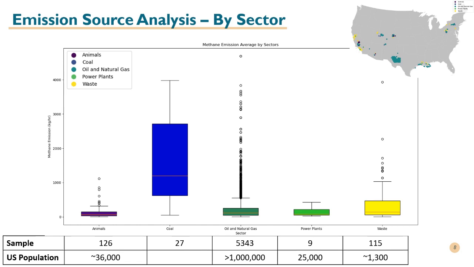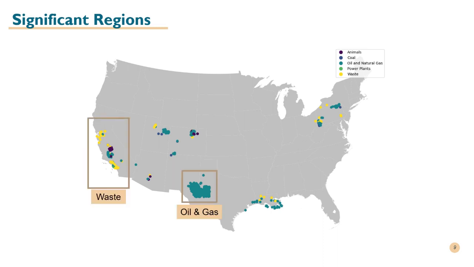For example, oil and natural gas sector has high variability, and there are many facilities to look at, as well as other typical facilities like waste, where there's only a couple, but mitigation options are out there. These significant agents were identified on the map, here in the Permian side and on the waste side.